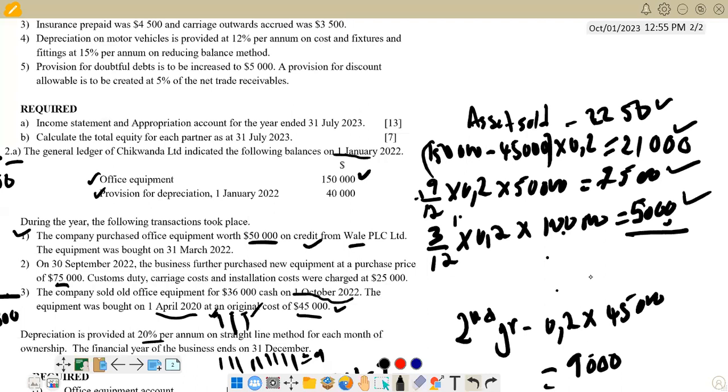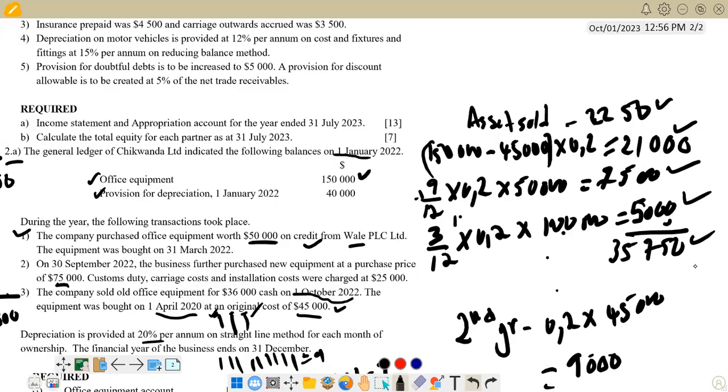Then we get 35,750. So this is the total depreciation for the year.